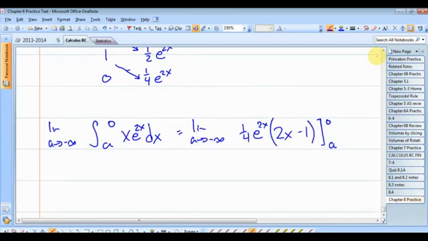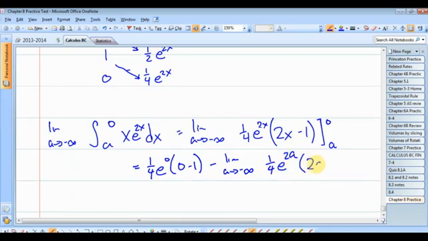Okay. Let's plug in. This equals 1/4 e to the 0 times (0 minus 1), minus the limit as a approaches negative infinity of 1/4 e to the 2a times (2a minus 1).